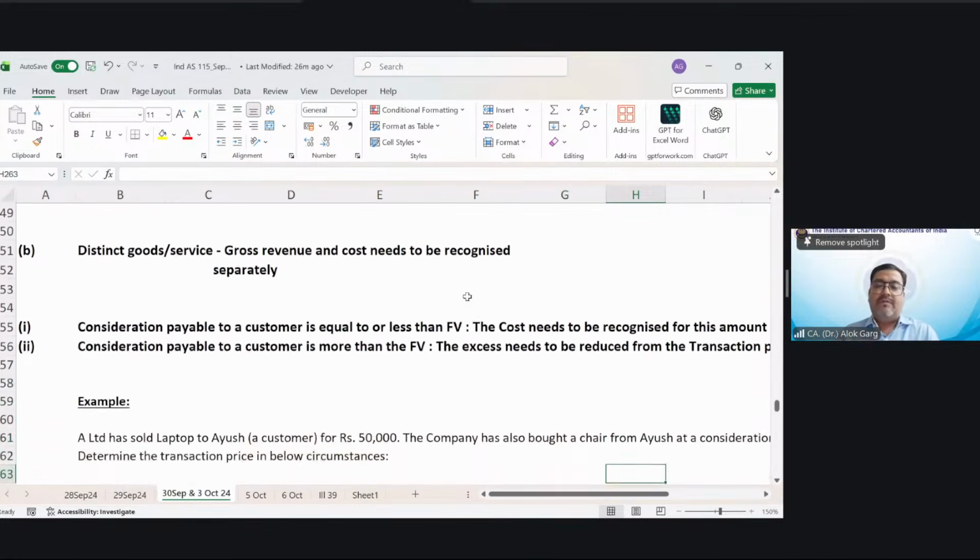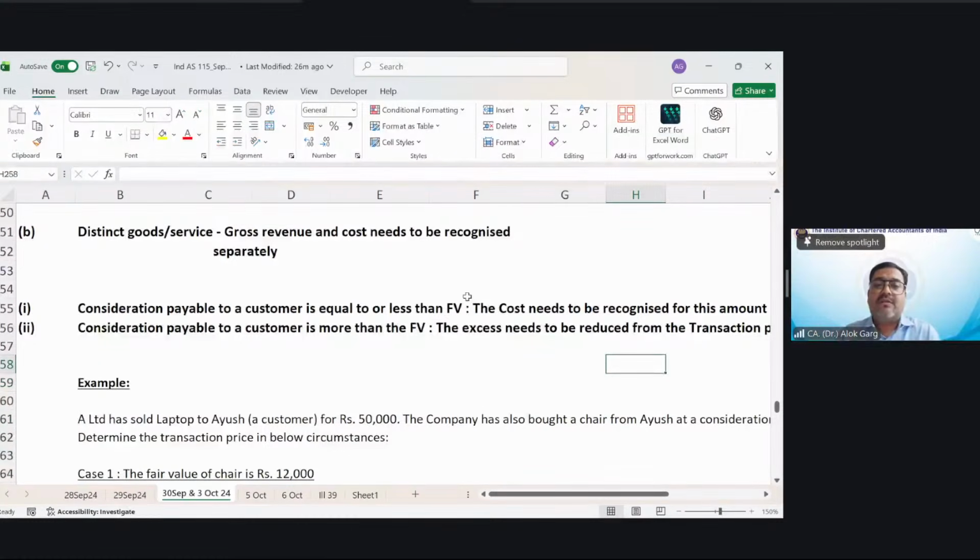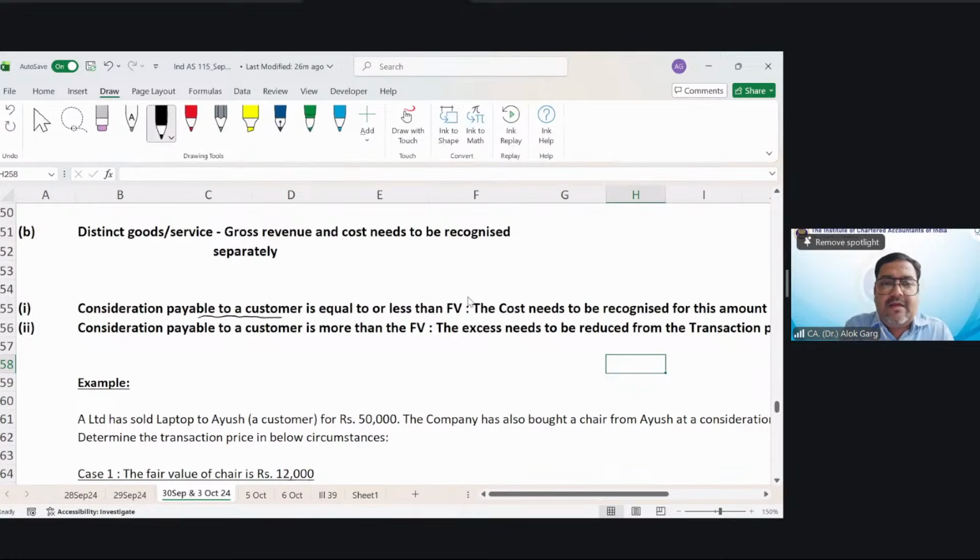Now, there could be a situation where the consideration payable to a customer, I am paying an amount to Rahul, is equal to or less than the fair value. For example, Rahul has brought stationery worth 1,000 rupees and given me the stationery, and I have given him 1,000 rupees, which is equivalent to the value of the asset. Consideration payable to a customer is equal to the fair value of the distinct goods and services.